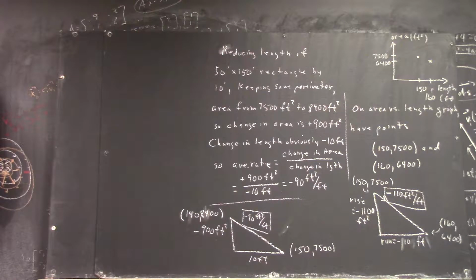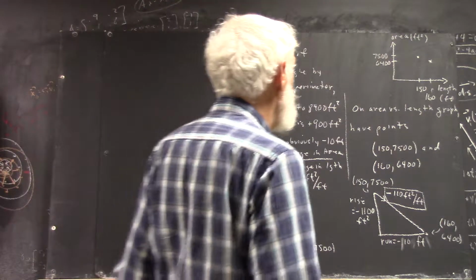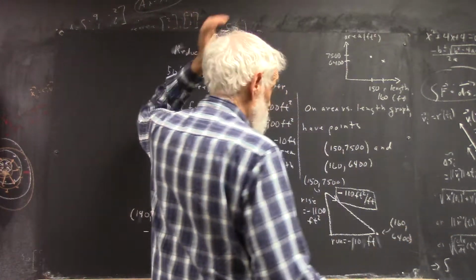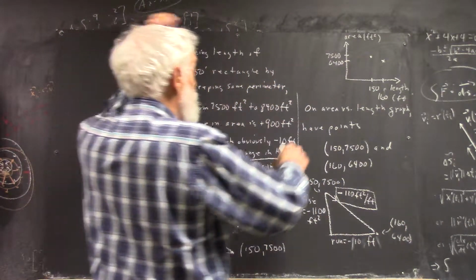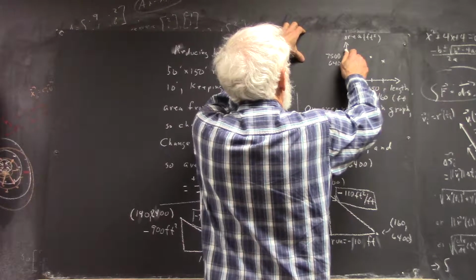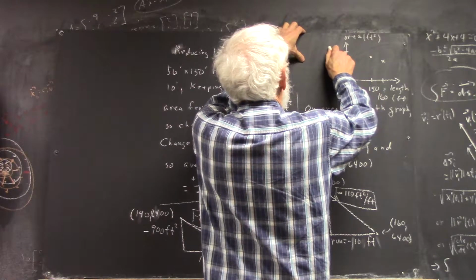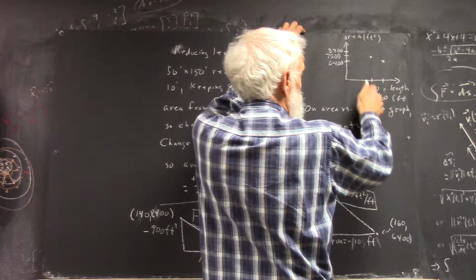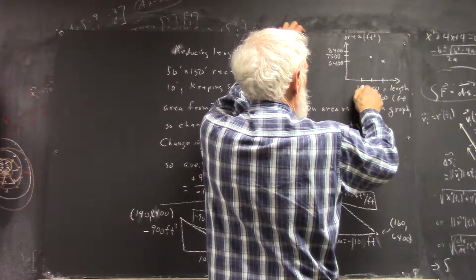Now if we put these together on our graph, well, here's our graph. I'll just kind of move this over. I think it's visible. Okay, we've got the 8,400, meaning, of course, 8,400 square feet with the 140 here.